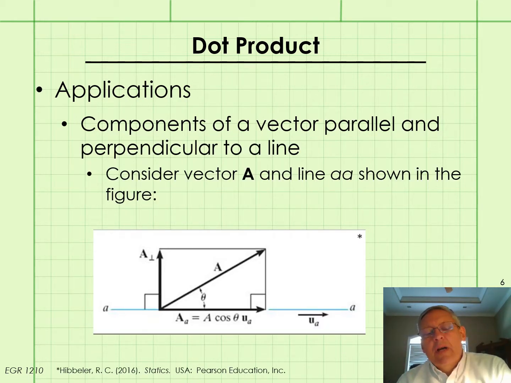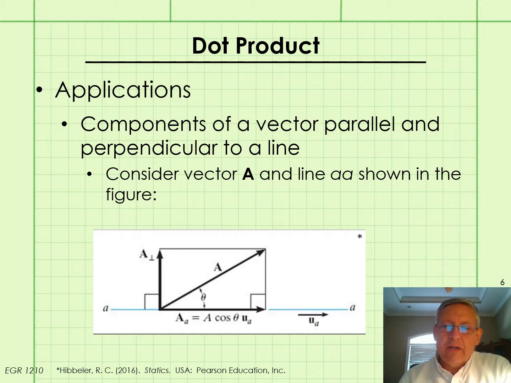We can also use the dot product to determine the components of a vector parallel and perpendicular to a line. This is a general line, but it could be a specific line such as one of our three axes.